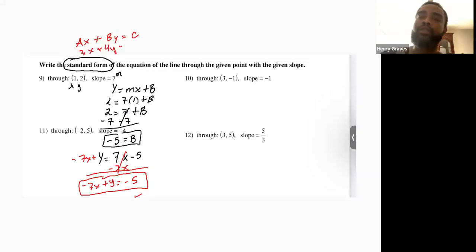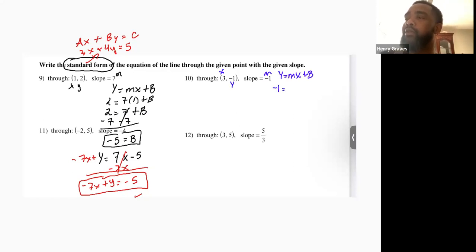Okay? Let's do another example. Let's do number 10. So again, I'm going to start off with y equals mx plus b. This is my m, this is my x, and this is my y. I plug everything in. Negative 1 is equal to negative 1 times 3 plus b.